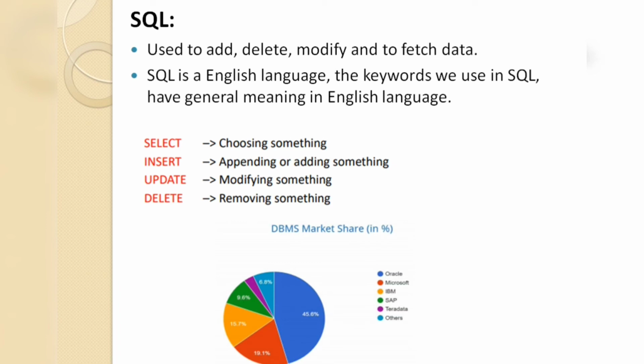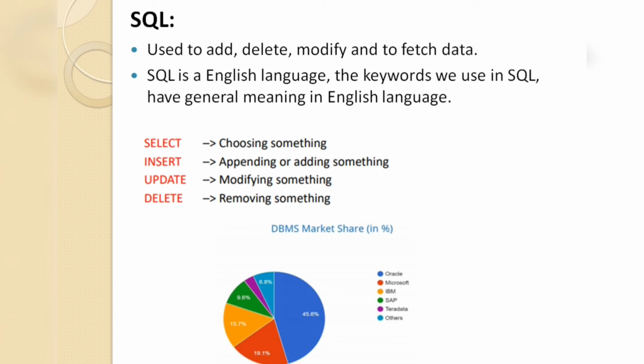Now some more information about SQL. Till now I have told you about what SQL is. So basically, what are the functions we can do in SQL? We can add. Suppose I have made a table, I'll add more data in it, more entries as I want. I can also delete, modify, or fetch particular information. The keywords we use in SQL have general meaning.